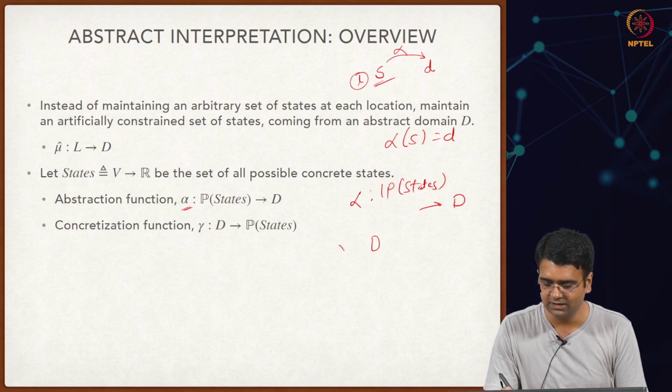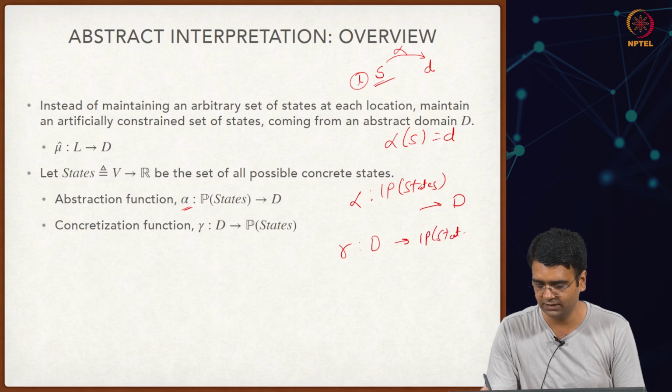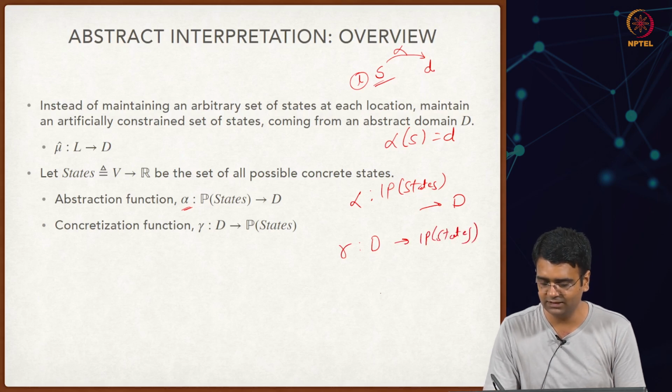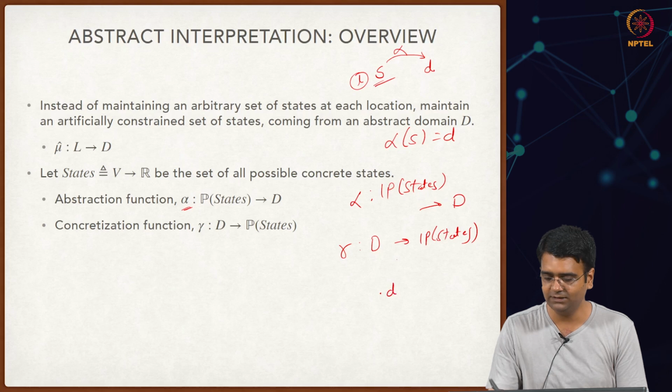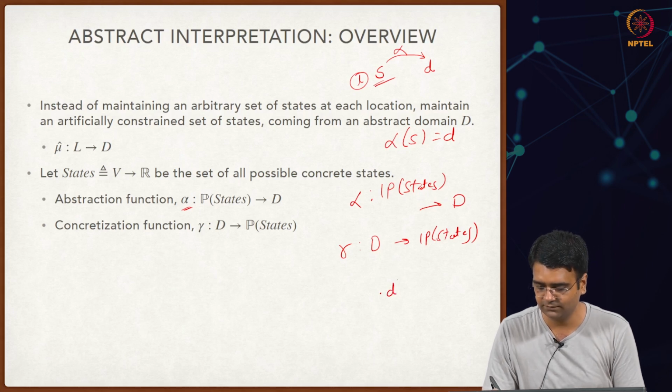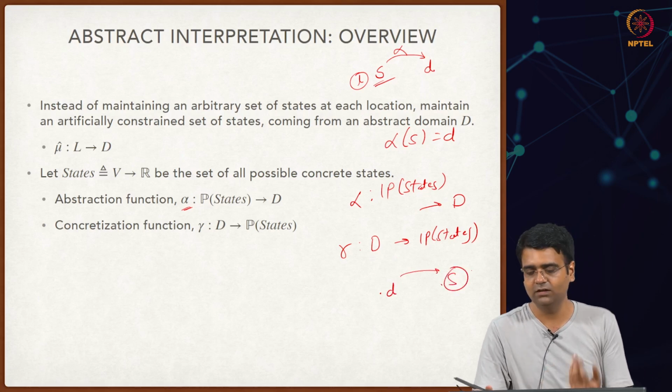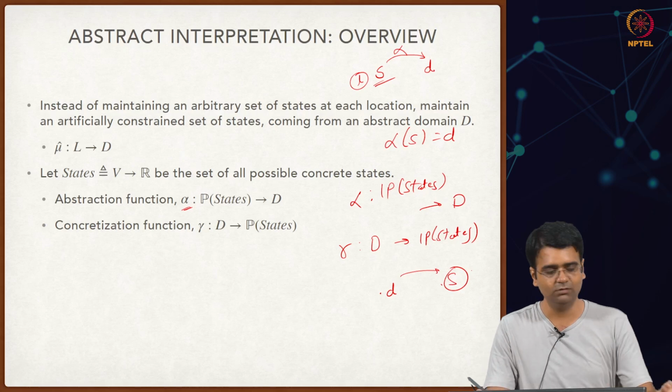So this gamma is going to be a function from D to the power set of states. It associates every abstract element D with the set of concrete program states that are being abstracted out by this element D.